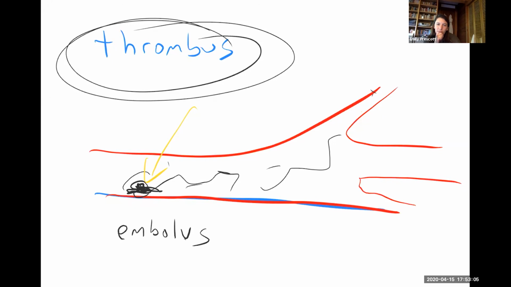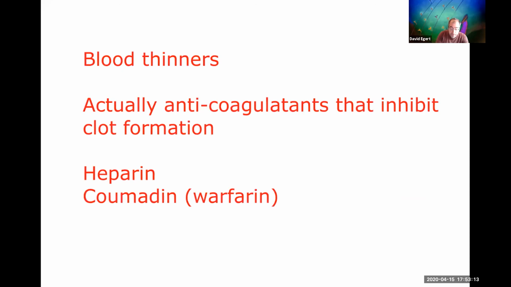Right. So again, what do these drugs do? They inhibit clot formation. What happens if you inhibit clot formation? What's not going to happen?